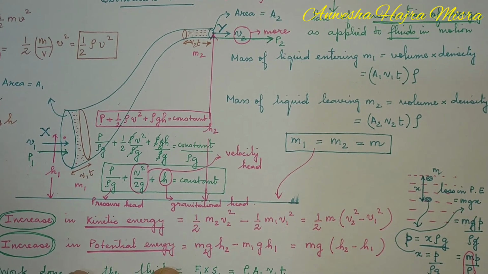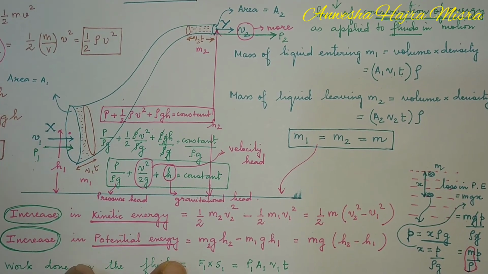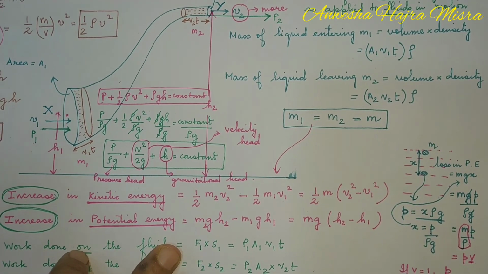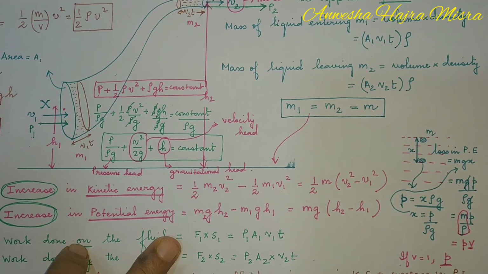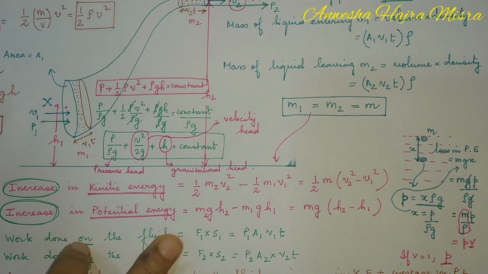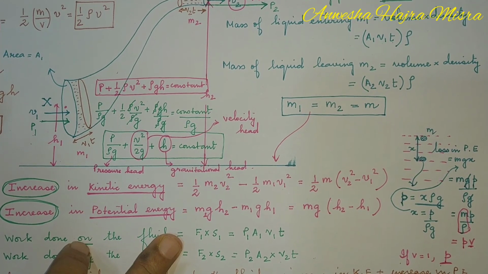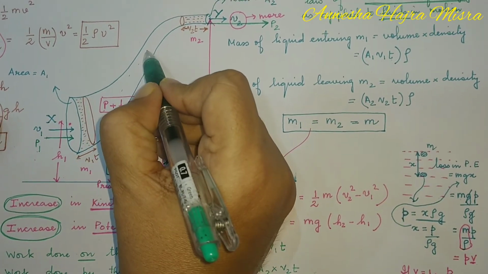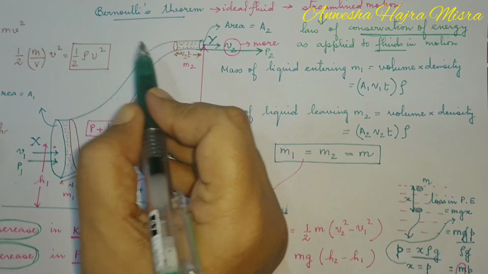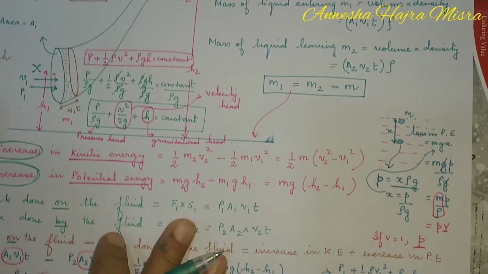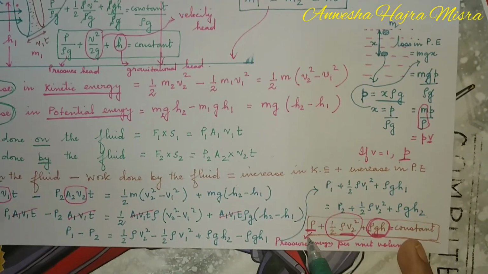So what is Bernoulli's theorem? Bernoulli's theorem tells us that if the liquid is an ideal fluid, what do you mean by ideal fluid? It is non-compressible and non-viscous, and the fluid is streamlined, then at every point on its path, the total energy per unit volume, what is the total energy per unit volume?